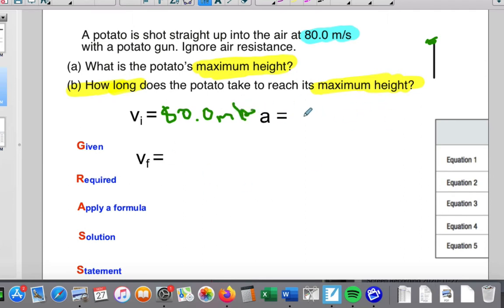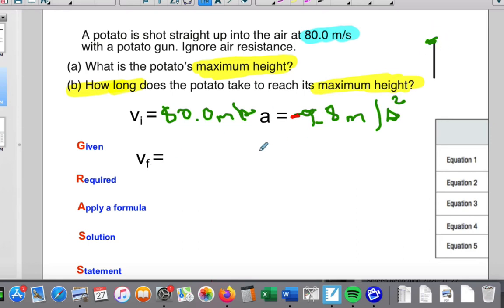And the acceleration from last day, remember that close to the Earth's surface, it's 9.8, and it's negative because the acceleration is downward as opposed to the initial velocity, which is upward. So the initial velocity is positive 80 meters per second, and let me emphasize that, the acceleration is negative 9.8 meters per second squared.